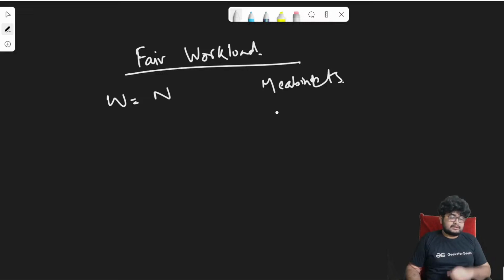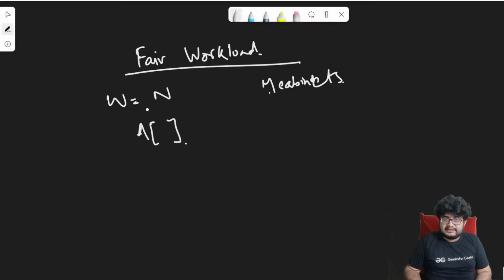The cabinets contain some files. Each cabinet contains ai files, which is given by the array a. What you have to do is partition the work among a subset of the workers. It is not needed that you use all the n workers. You have to partition the work such that the maximum number of pages that a worker sees is minimized.